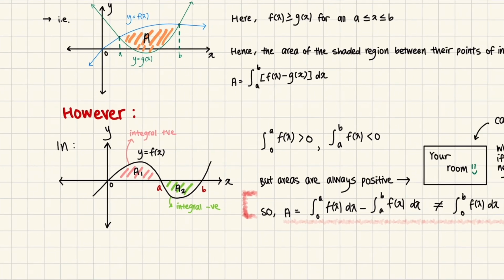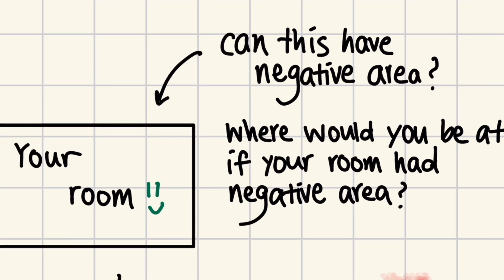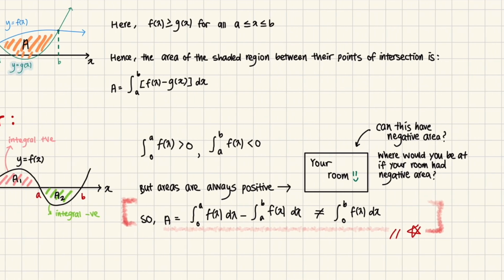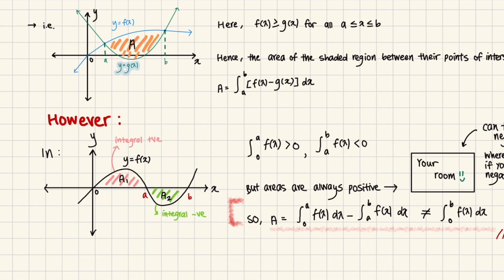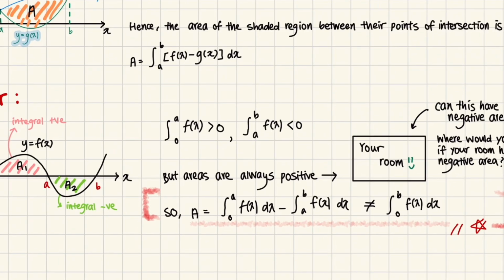But can we have a negative area? We can't have a negative area. We have to have a positive area. That's why we minus it, so that minus and minus equals positive.